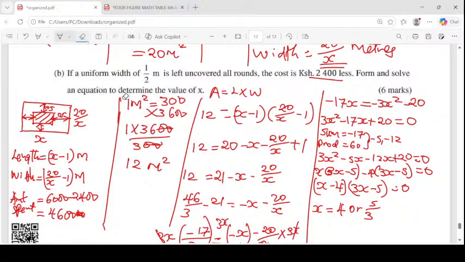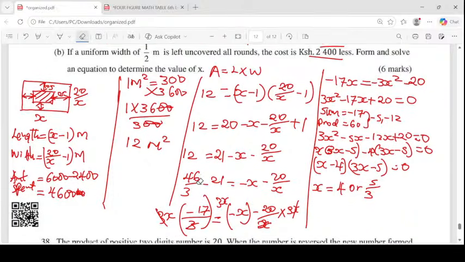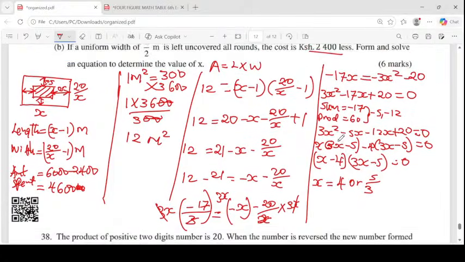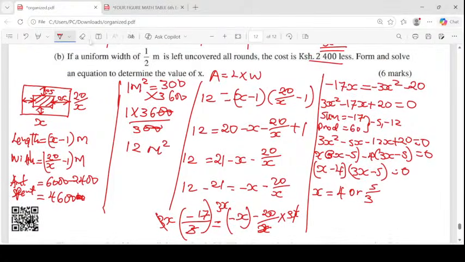So this other side should be 12, this one here. This value here should be 12. Let me see. So this should be 12 minus 21 is equal to that. 12 minus 21. So I think from there it's changing everything once again.